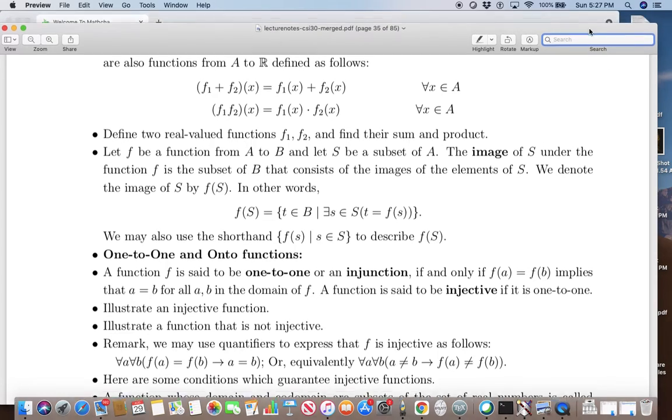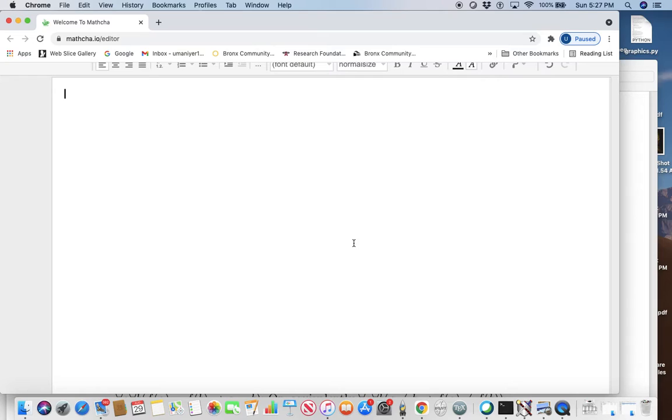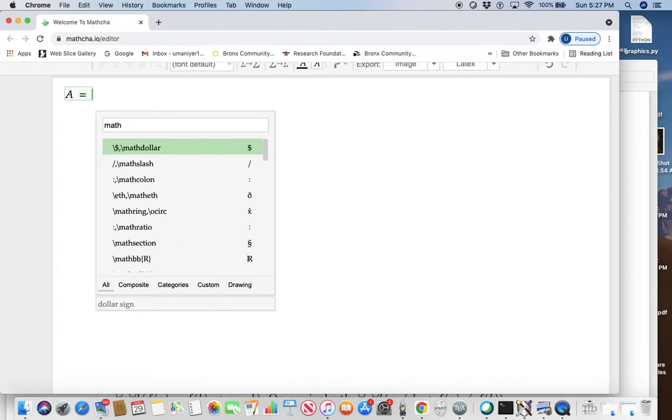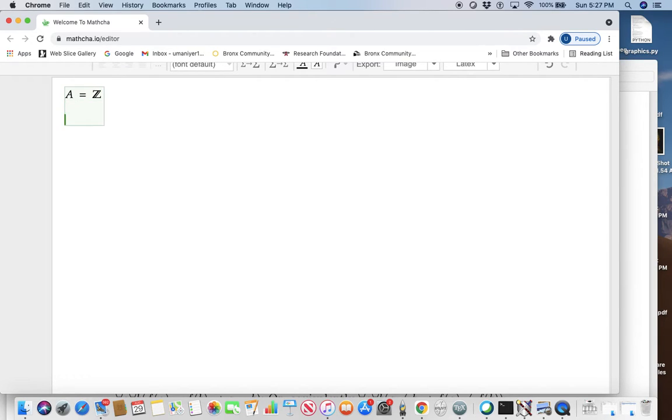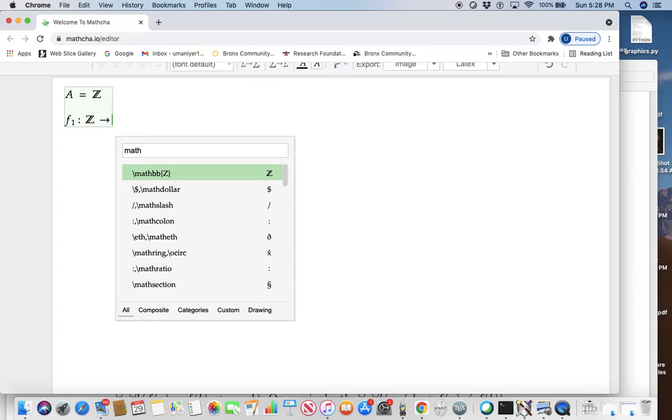So let's do that. Let A be the set of integers, and let f sub 1 be a function from integers to the set of real numbers.